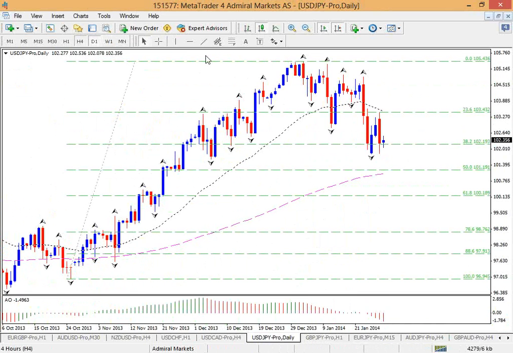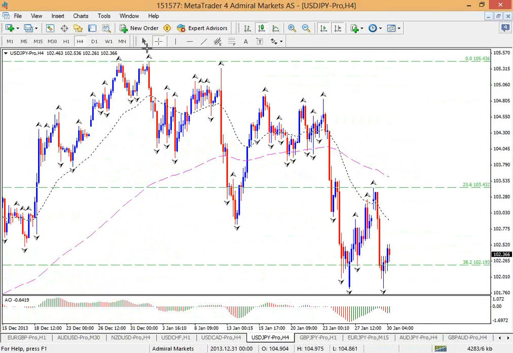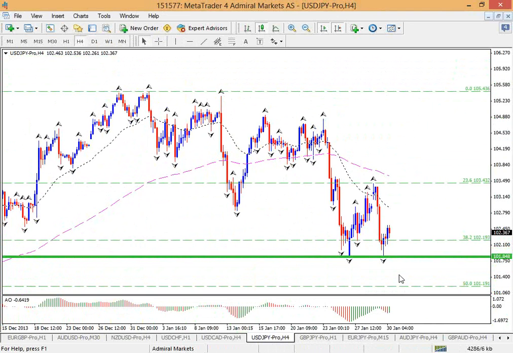But for me, the key level, whether we know whether this is a bullish bounce at 38.2, are these levels. We would need to break below this green 101.85 to fall maybe to 101.20.